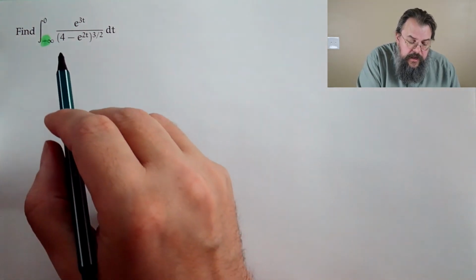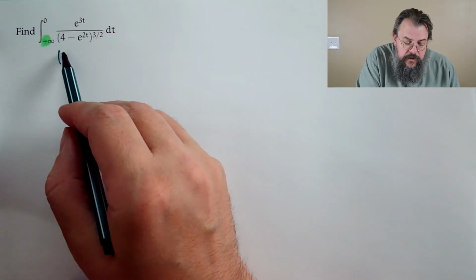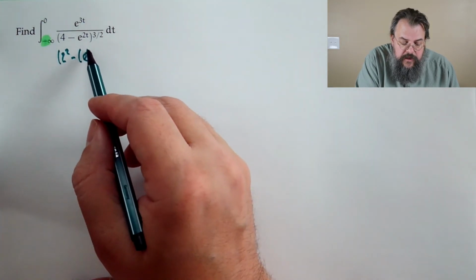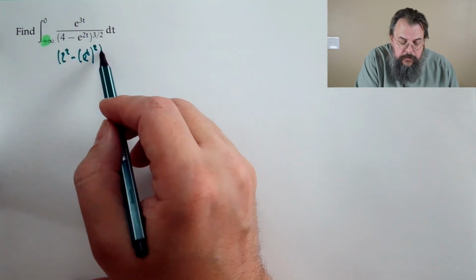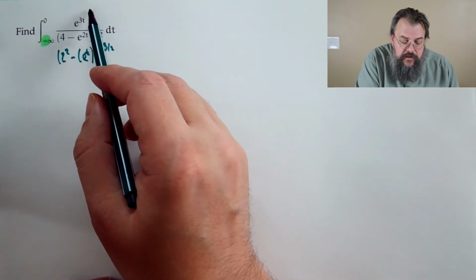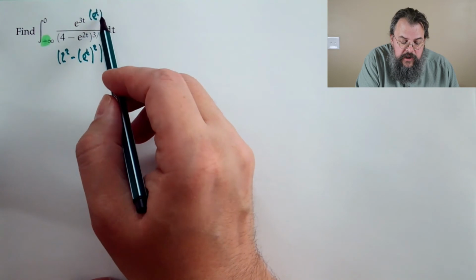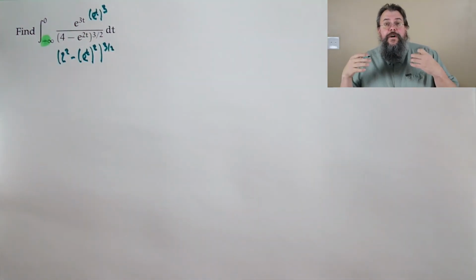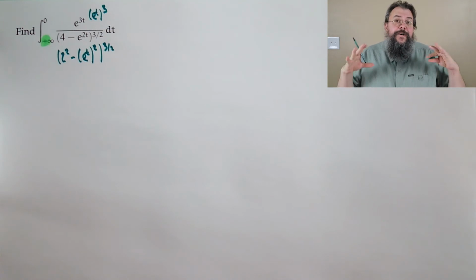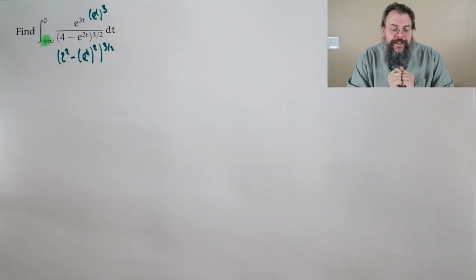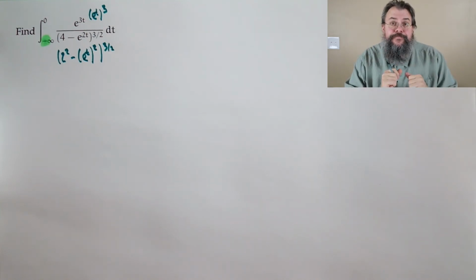And we can, right? Because look, this is 2 squared, and e to the 2t is a secret way to write e to the t squared. And similarly, e to the 3t is a secret way to write e to the t cubed. Oftentimes when you see e to a constant times t, what's happening is that it's obfuscating the fact that it's really e to the t to a power.